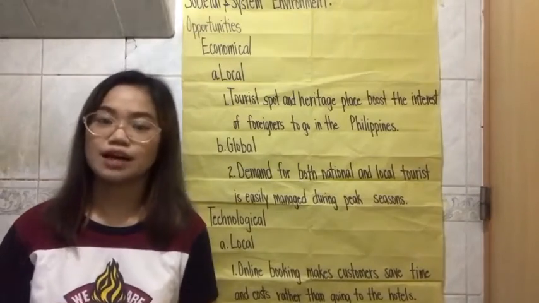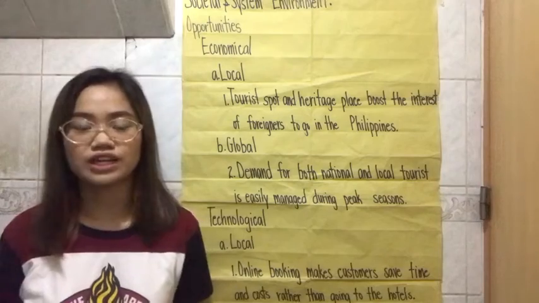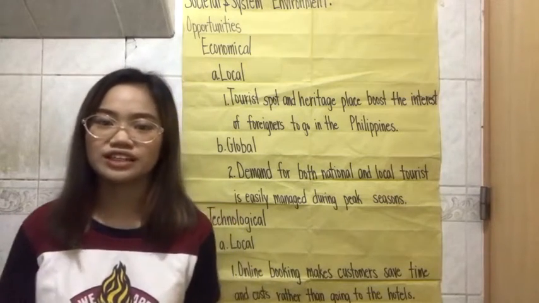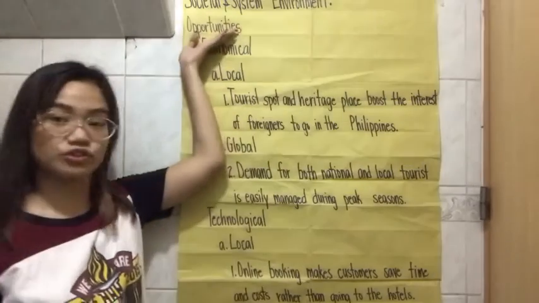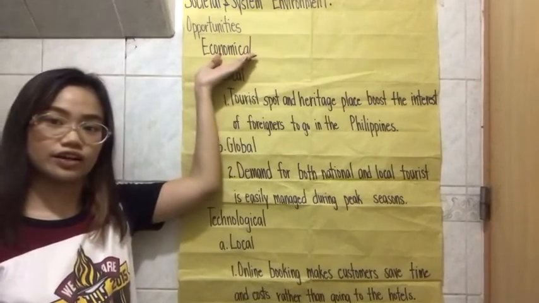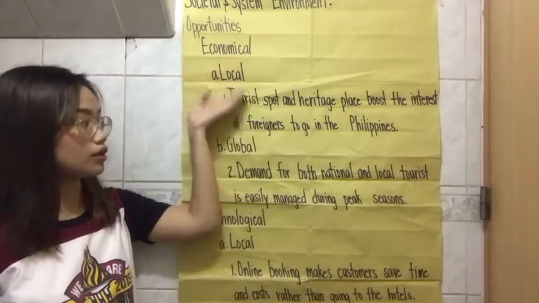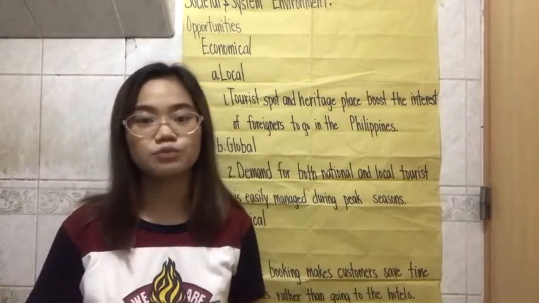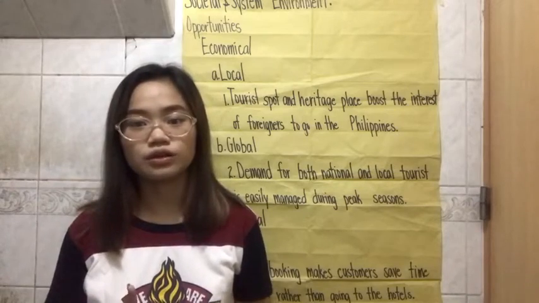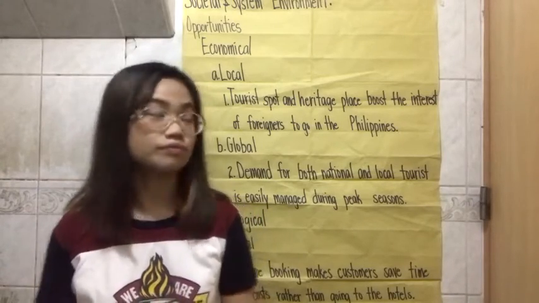So now we have an example for the analysis of the external environment, both societal and systems, of the Manila Hotel. So opportunities first, sub-factor economical, local, global. If you remember earlier, societal environment has 2 perspectives. 1 is local, then 2 is global.